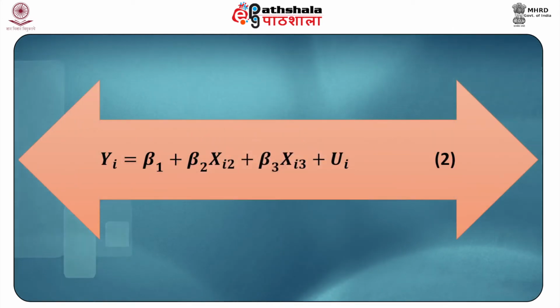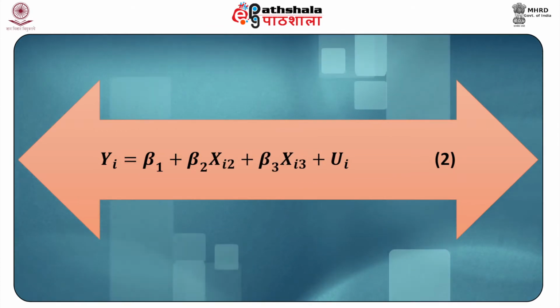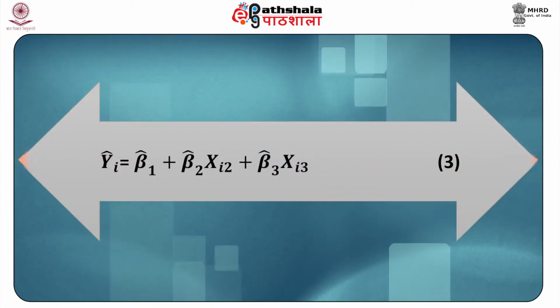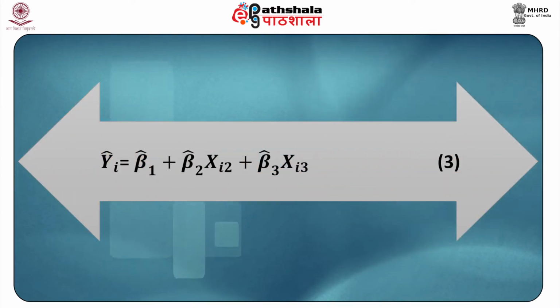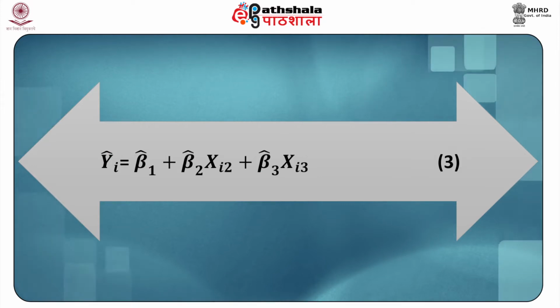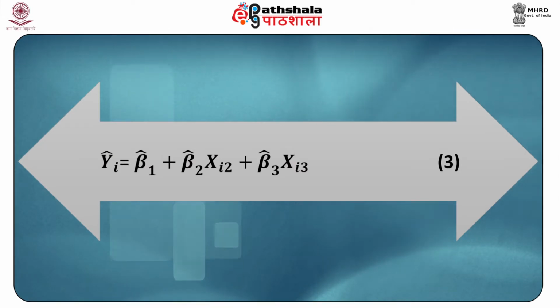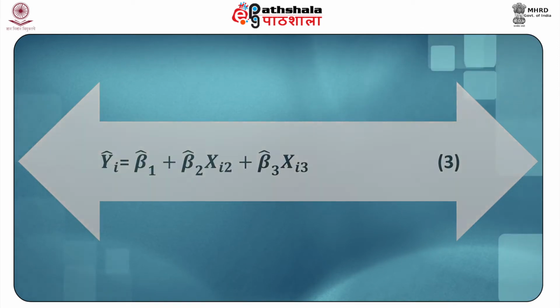For the sake of simplicity, let us take the case of just two explanatory variables and denote our equation 1 as yi is equal to beta 1 plus beta 2 xi2 plus beta 3 xi3 plus ui, which is our second equation. The estimated model is denoted as yi hat is equal to beta 1 hat plus beta 2 hat xi2 plus beta 3 hat xi3. This can be written as our third equation.